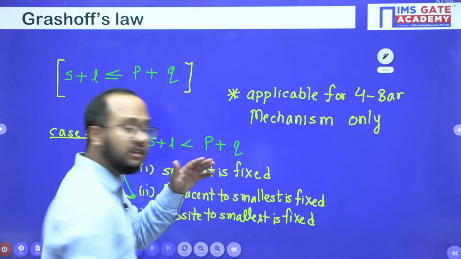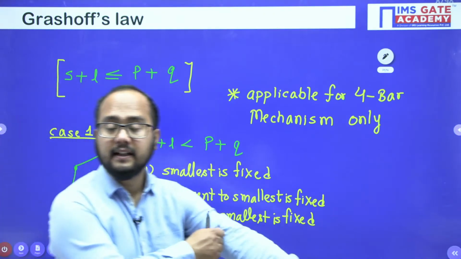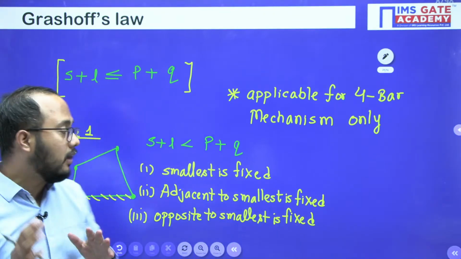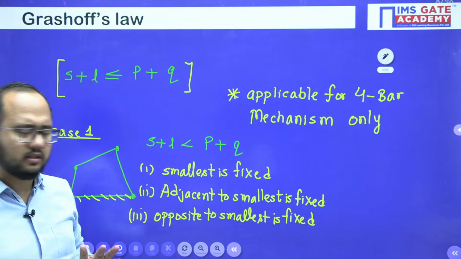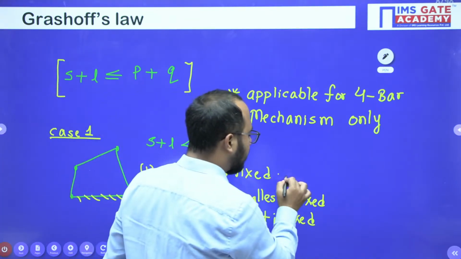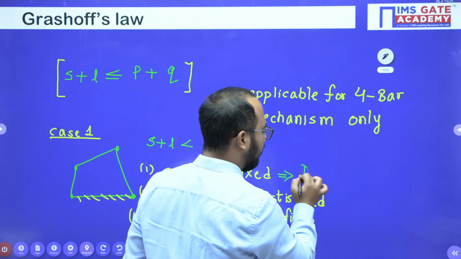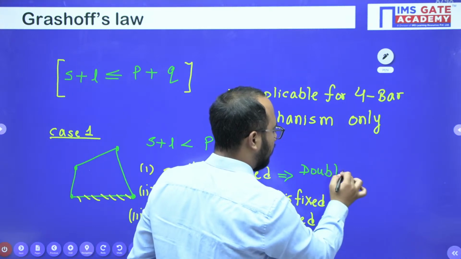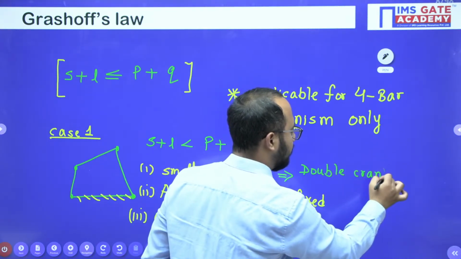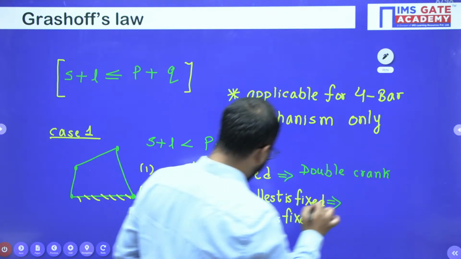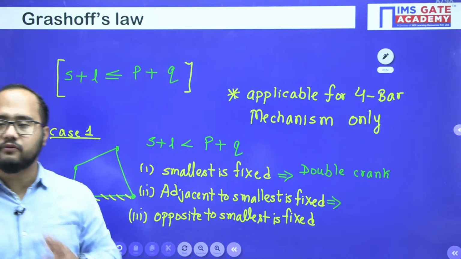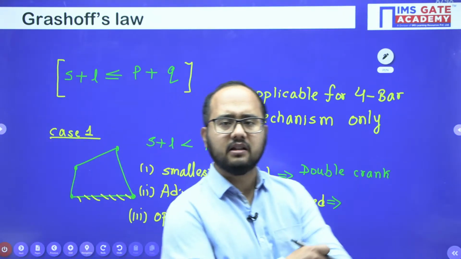So these are the 3 cases that you need to understand, right, everyone? Now let's suppose smallest is fixed. What will happen? Double crank mechanism you will have. Now what will happen if adjacent to smallest is fixed? Crank rocker mechanism you will see.